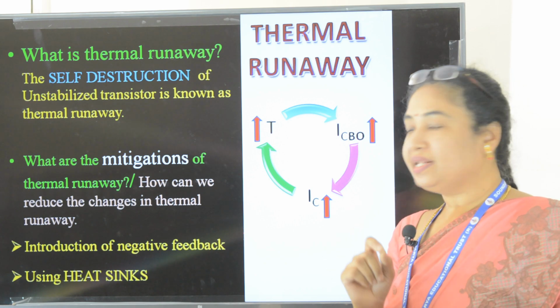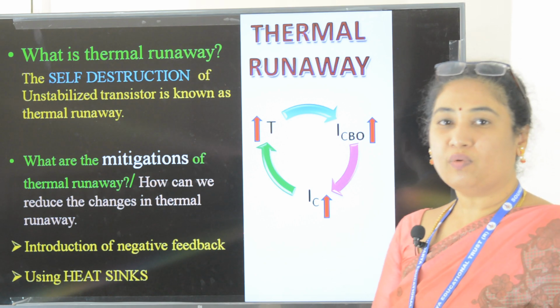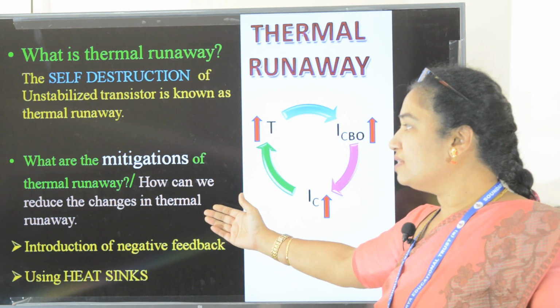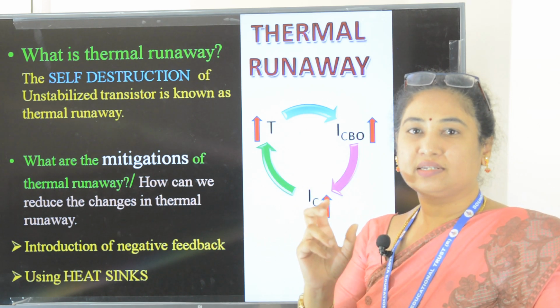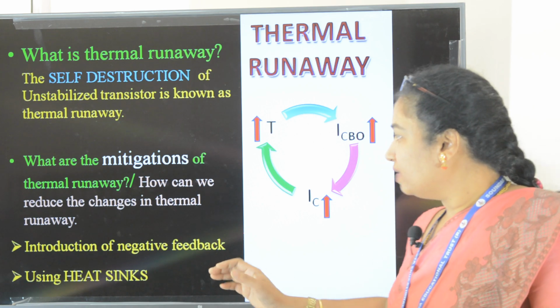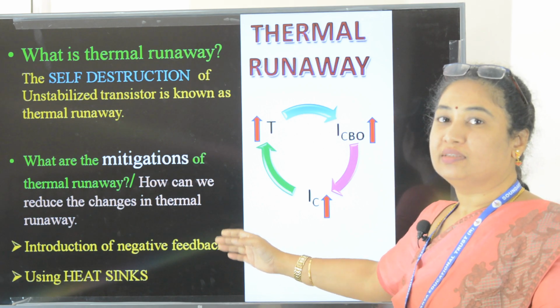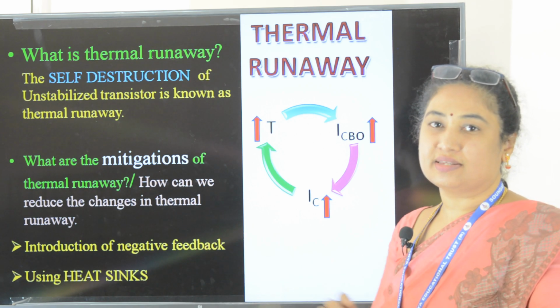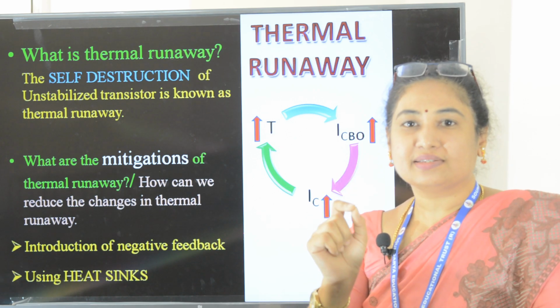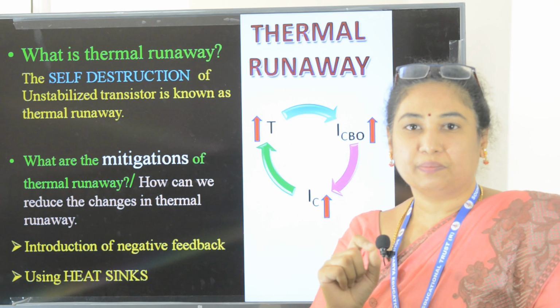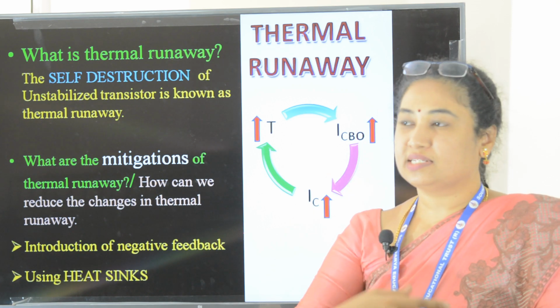Now, what are the mitigations of thermal runaway? How can we reduce the chances of thermal runaway? How can we make the transistor stabilized? For that, we are going to have negative feedback in the transistor. This can be achieved by connecting an emitter resistor at the emitter terminal. That's what we have done in voltage divider bias.